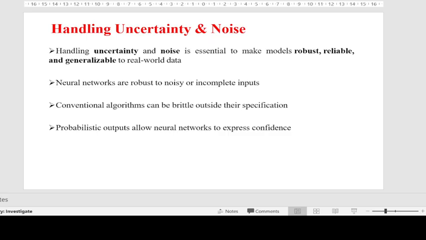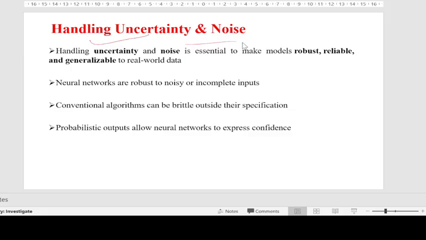Right. Now next we will see handling of uncertainty and noise. For example, we discussed just now the learning mechanism. The programmer will write a model or process, and from the data, the model will learn automatically. The next question will come: if that data has noise or uncertainty, then how does it handle those situations?